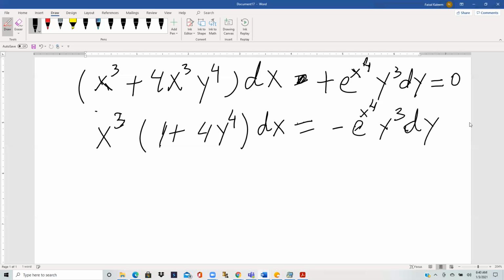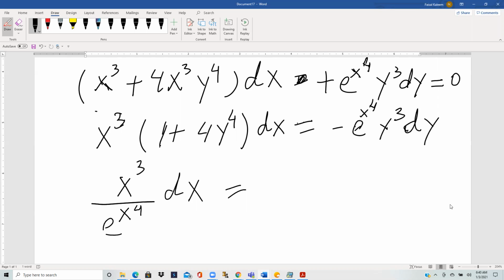And then we want x terms on the left side. So I have x cubed, and then bring this one on the other side over e to the x^4. And then we have a dx as well.